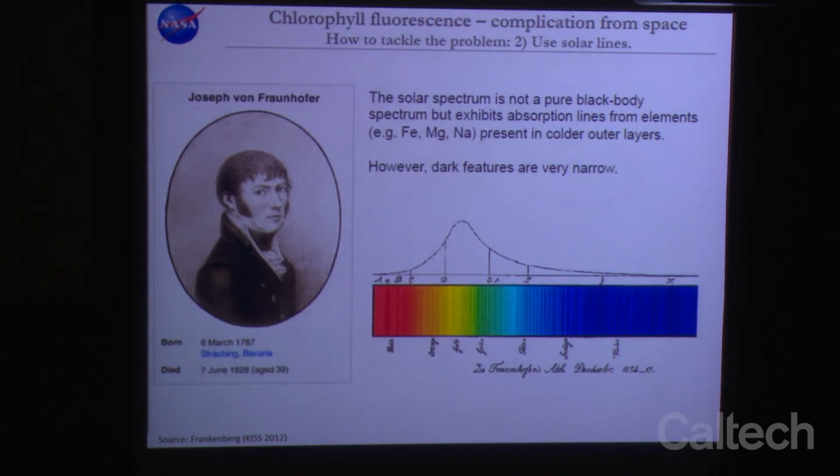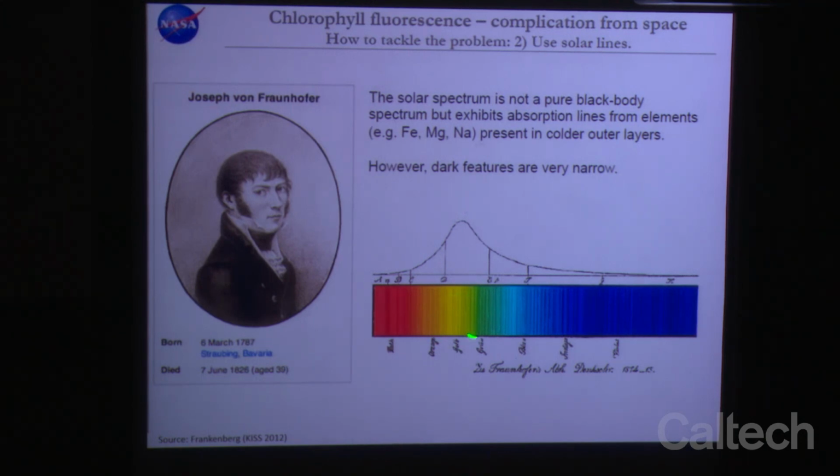So how do we measure this from space now? Because we have that absorption by the atmosphere, what we do is we go to the Fraunhofer lines. These are the sort of holes in the solar spectrum, which is not continuous in a black body sense.